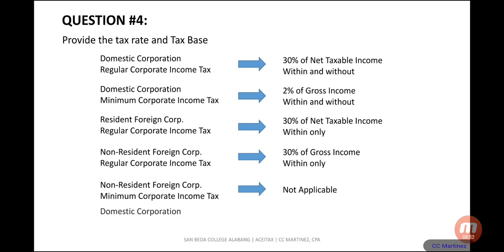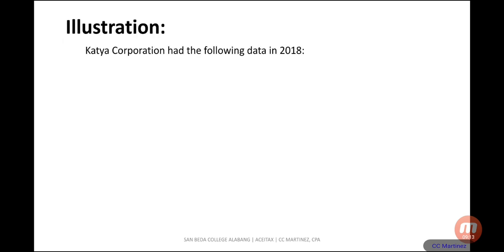So last, domestic corporation, gross income tax. Answer, of course, 15% of gross income, and since domestic corporation siya, within and without. Okay. So, for the exercise, sagutan lang natin. Katsa Corporation had the following data in 2018.